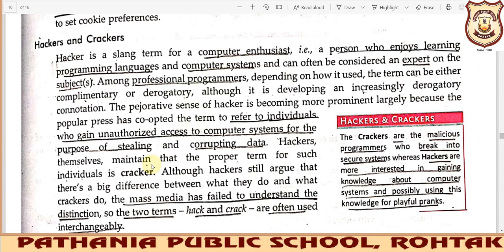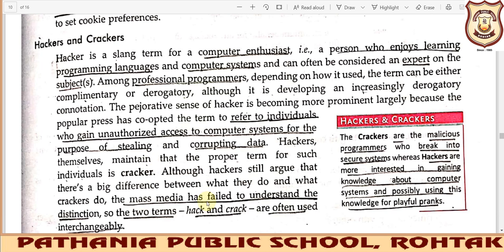So that is why sometimes crackers and hackers are given the same name. But a hacker's purpose is never to harm you, but they will get inside your network to gain more knowledge. Crackers are the malicious programmers who break security systems. They get inside your network to harm you, to extract your information, and that information will be used to harm you sometime somewhere.